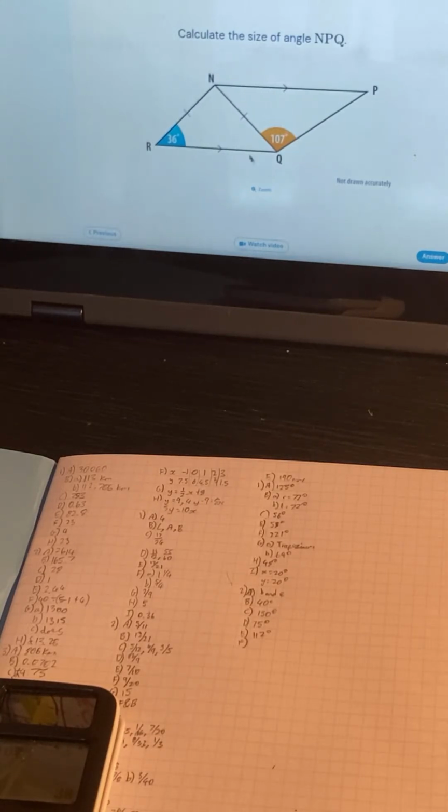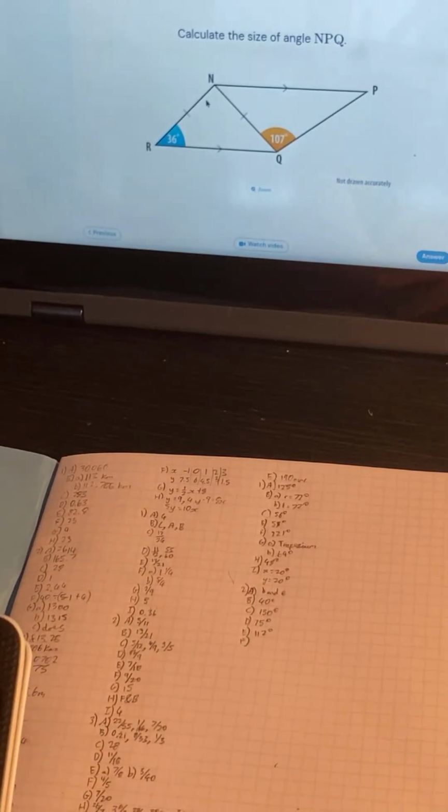So what are the... we can use this one. Use this one and this. I don't see any co-interior angles I can use. This one and this one.